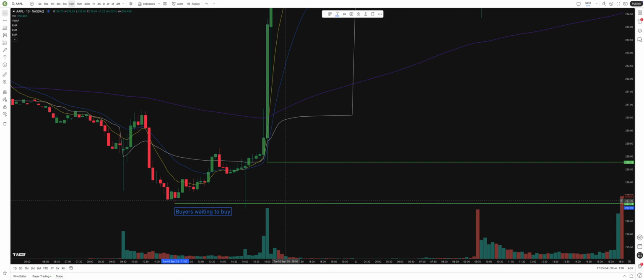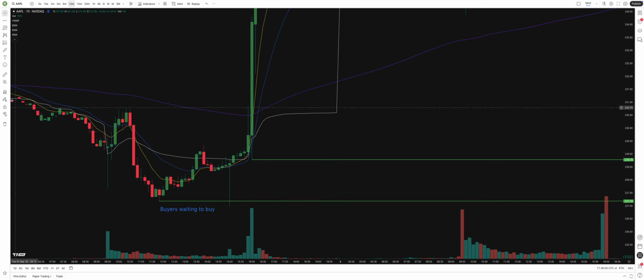We also have stop losses here, right? So we have people who have their stop losses right here. And so what happens is price opens here, and then we have a strong rejection.